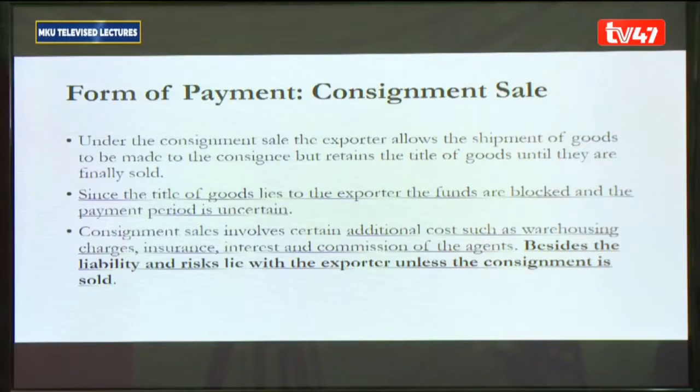Okay? Now, we also need to know that there's an additional cost such as warehousing charges, insurance, interest, commission of the agent, and there's also a liability and risk which lie with the exporter unless the consignment is sold. Okay?